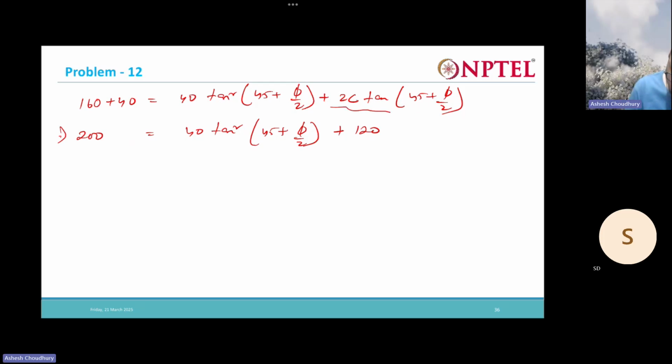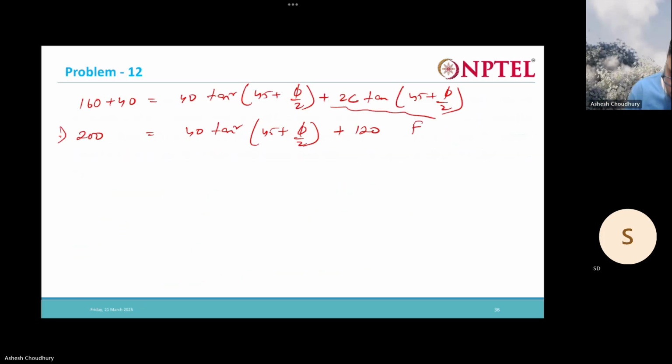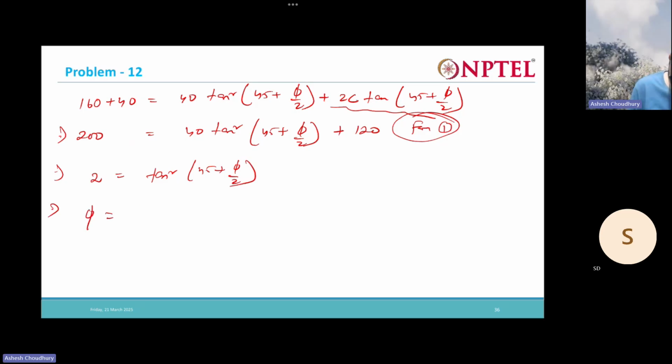Okay, this 120 I got from equation 1. From here I can get tan squared (45 plus phi/2) equal to 80 by 40. So from here I can get phi equal to 19.47 degrees.